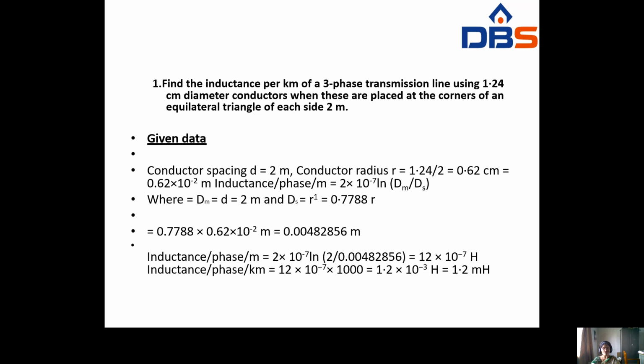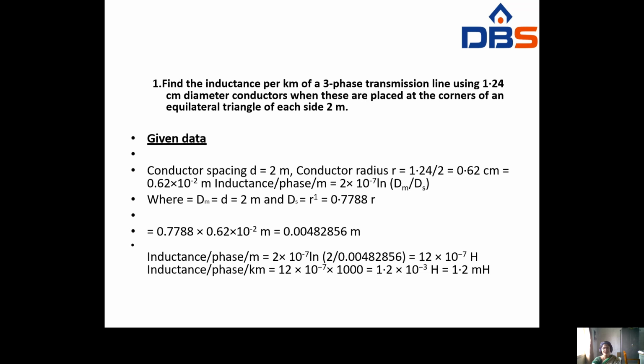So in the problem you are using three conductors, and these three conductors are placed at the corners of an equilateral triangle of each side 2 meters, and the diameter of each conductor is 1.24 centimeters. Now we have to find the inductance value.